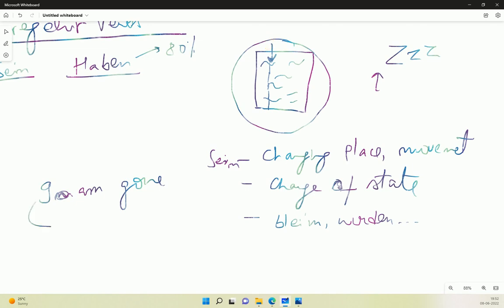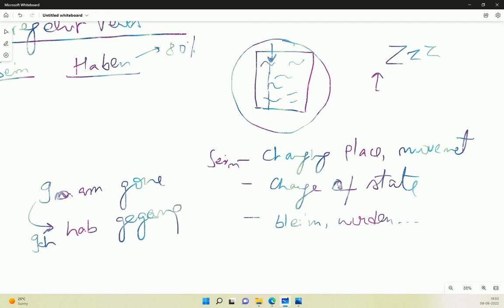So when we write this you might find it a little confusing, because haben also exists, ich habe, du hast. So somebody might say ich habe gegangen. Now where did this gegangen come from? That I'll tell you later on.